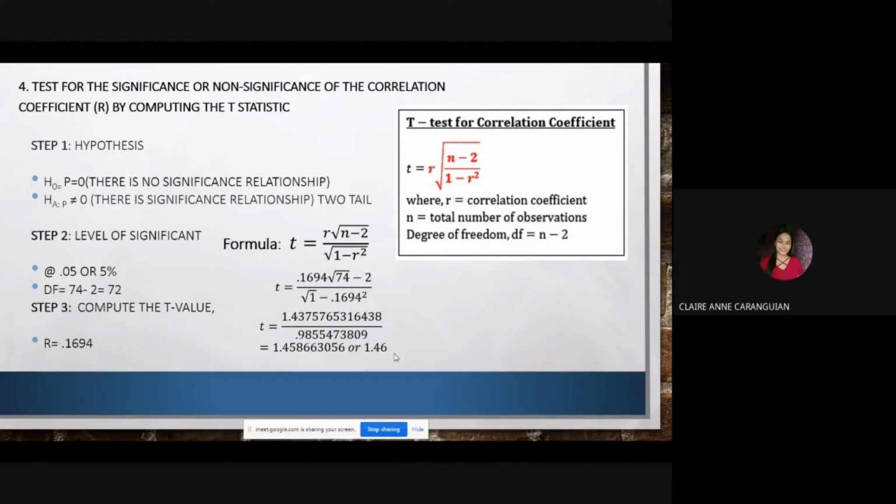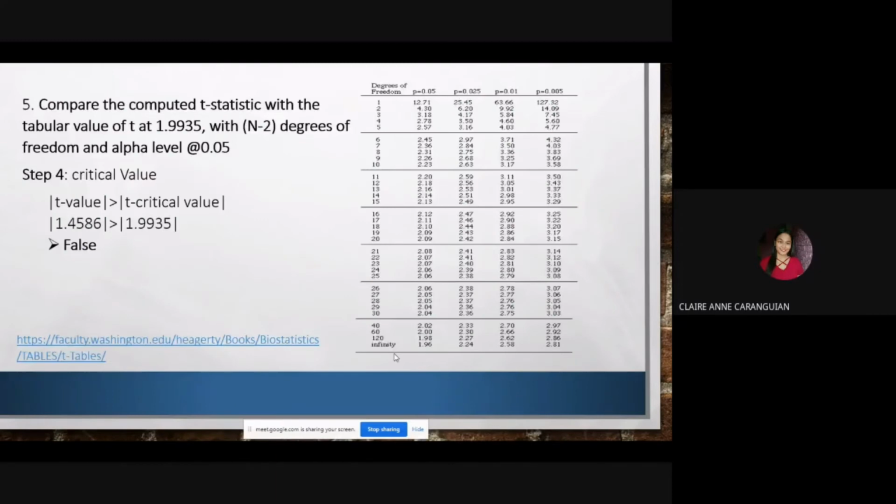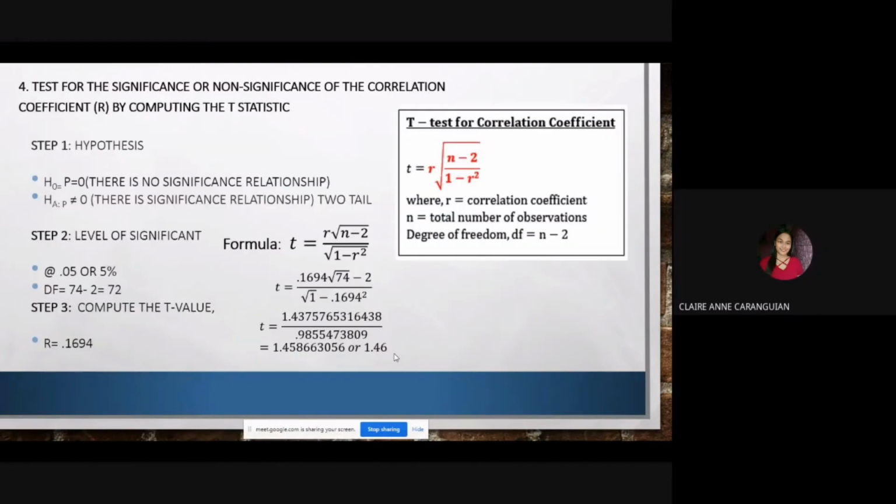Next is, na-compute na natin yung t-statistic at nalaman na rin natin yung level of significance. Next na tayo is compare the computed t-statistic with the tabular value of t with n degrees of freedom and alpha of 0.05. Nagtataka tayo, para saan yung DF? Hindi naman siya kinailangan sa t-test. Para saan itong 72? And para saan yung 5% na level of significance?